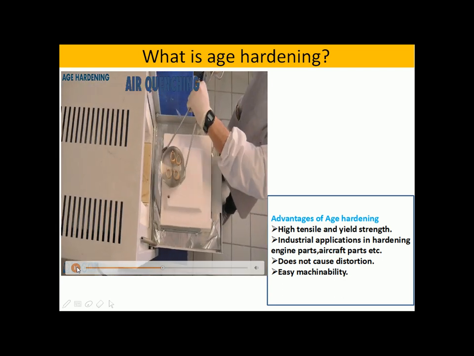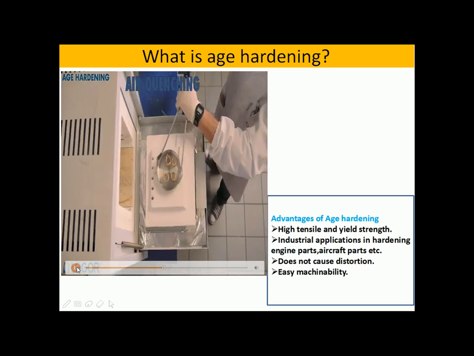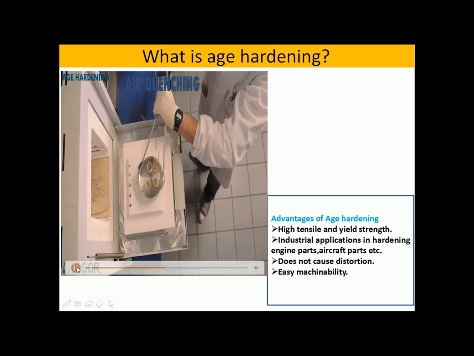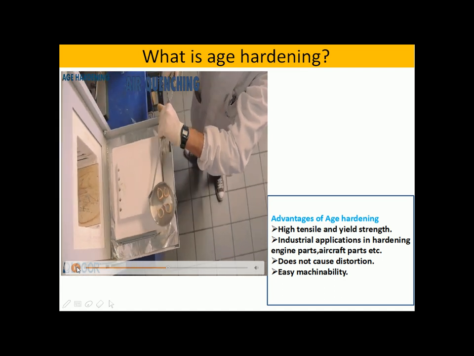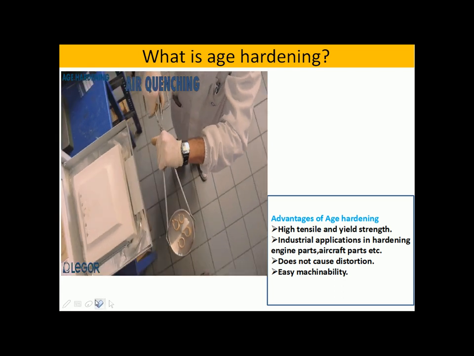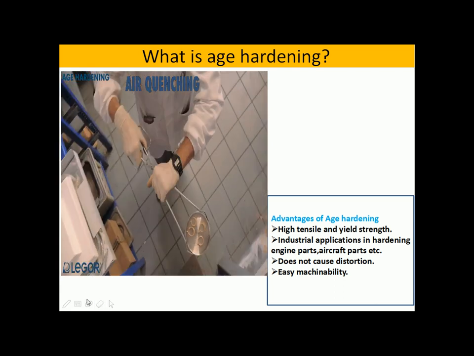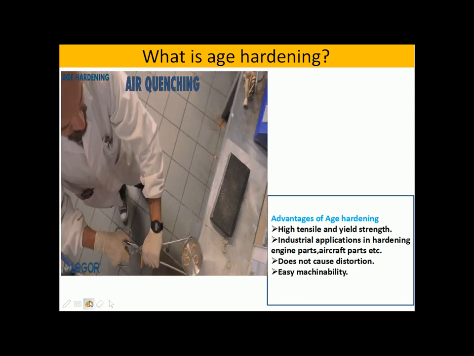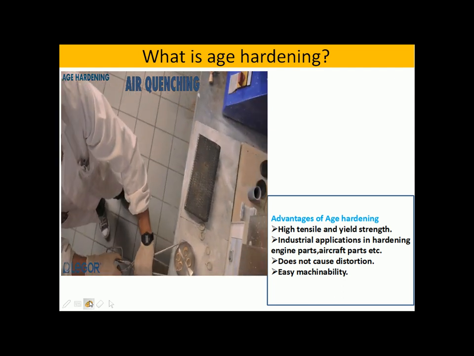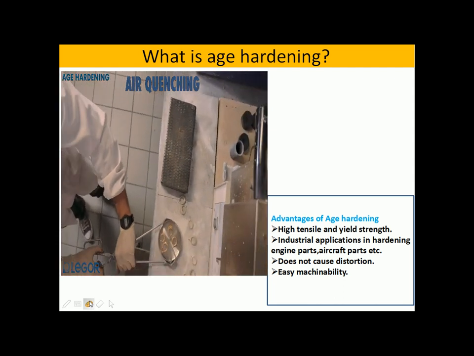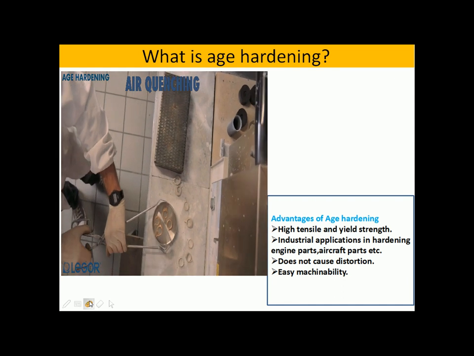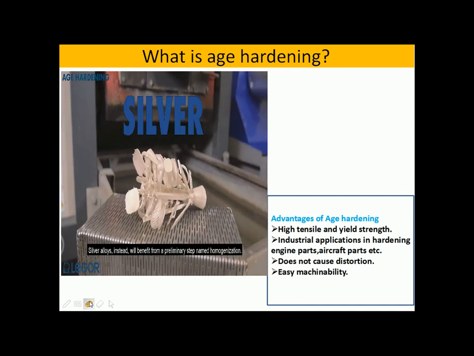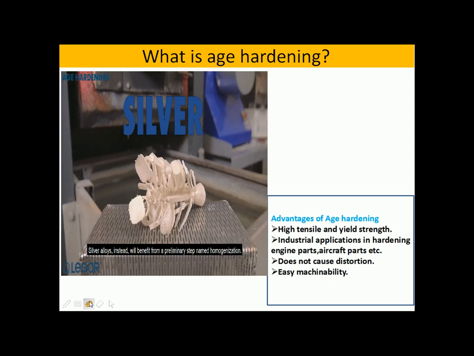Silver alloys instead will benefit from a preliminary step named homogenization. This is a high-temperature annealing made between 700 and 740 degrees Celsius for 40 minutes, followed by an immediate water quench, allowing the microstructure to obtain the best condition for precipitation of copper particles in the silver matrix, later done at lower temperature. This is the two-step age hardening process.